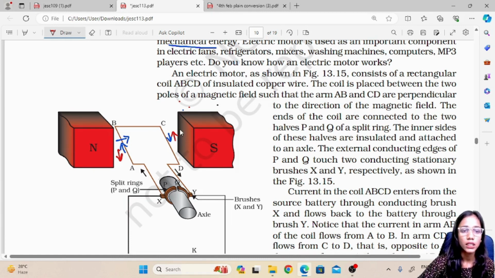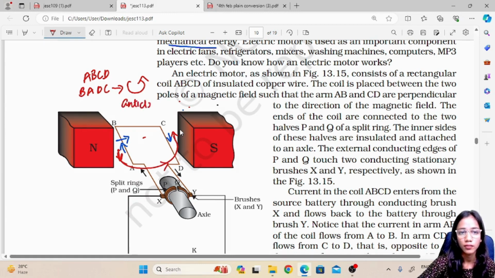So the current will go from A, B, C, D, and the motion of the conductor will be B, A, D, C. That is this way. It will go this way. This is anti-clockwise.